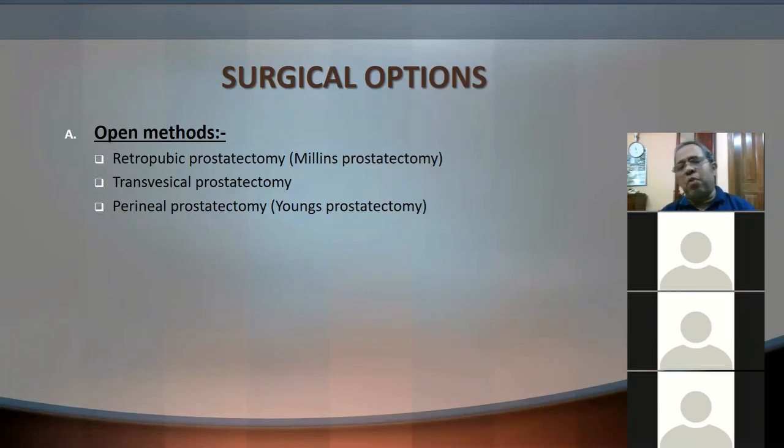In the transvesical approach, it is similar up to opening the retropubic space. You don't go through the capsule. You open the urinary bladder, go inside the prostatic urethra, and put your index finger. With the index finger, you fracture the anterior commissure of the prostate, then rotate your finger between the normal peripheral prostatic tissue and the enlarged part, and make a cleavage. The whole enlarged prostate is removed.